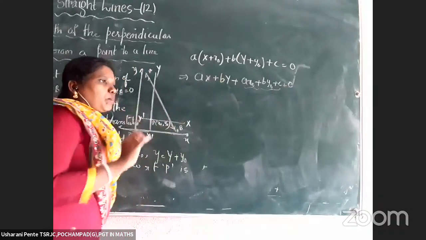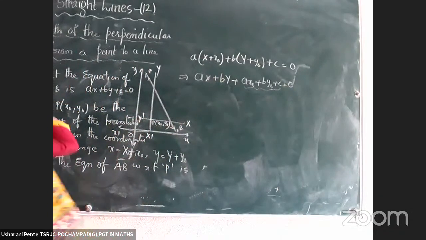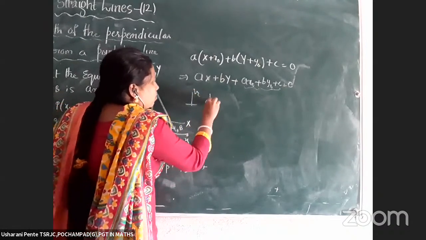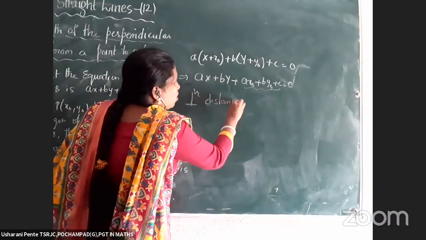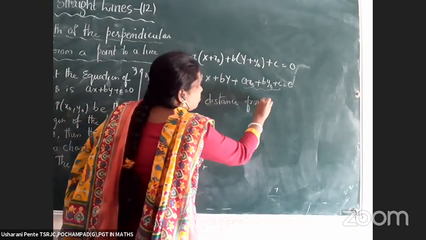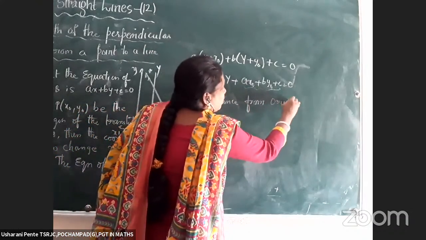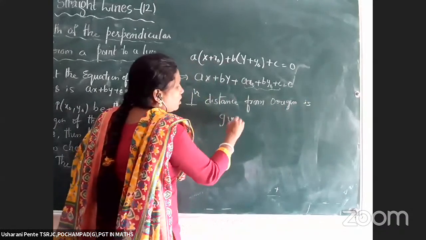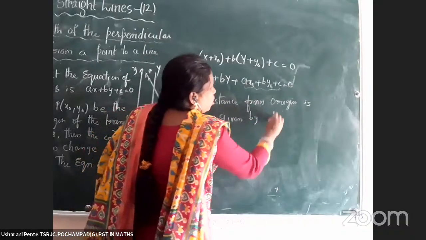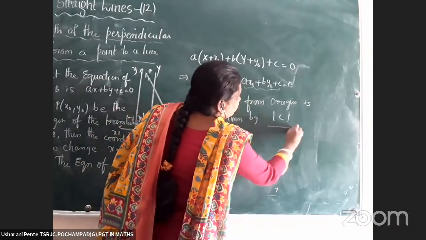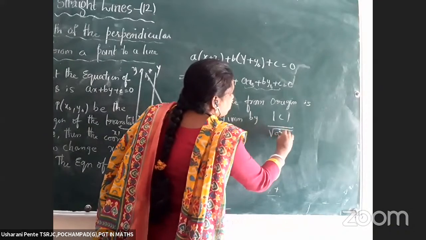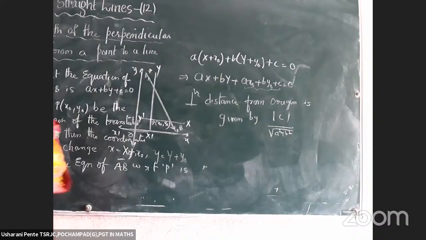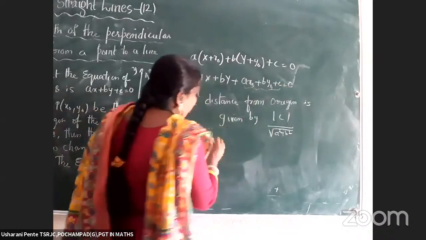Therefore, we know the perpendicular distance from the origin is given by, what is the formula? C by under root of A square plus B square. But here what is the C we have?